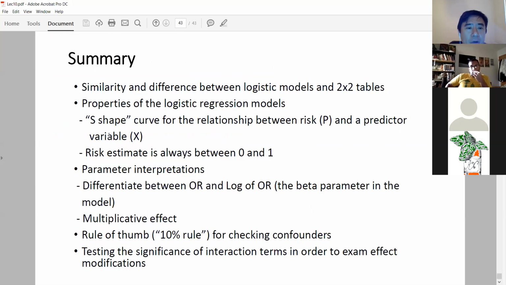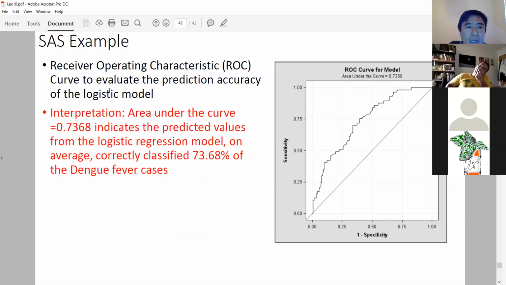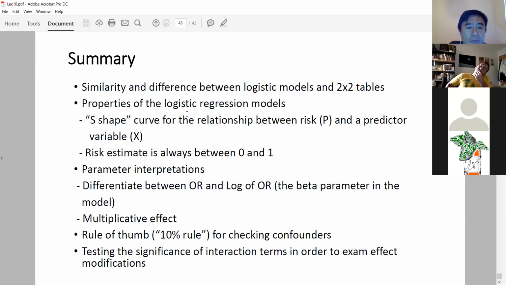All right, so that's for the ROC curve. The things I want you to know under this topic are the relationship between the 2x2 table and the simple logistic regression model. The take-home message is that the odds ratio you calculated based on the 2x2 table is equivalent to the exponential of the beta 1 parameter in the simple logistic regression model. Only in the simple logistic regression model can you have this relationship.